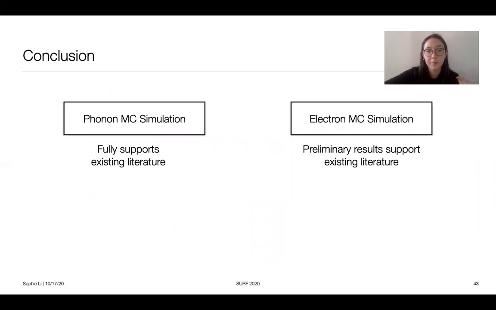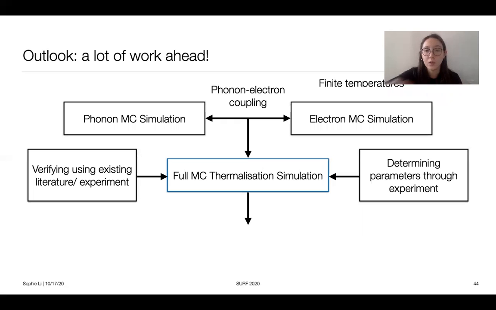So in conclusion, we were able to make phonon Monte Carlo simulations that fully support existing literature. And then we were also able to make the preliminary steps for electron Monte Carlo simulations. These also begin to support the existing literature. And with these two simulations going, we can then also create finite temperatures for the electron Monte Carlo simulation such that it can be coupled with the phonon Monte Carlo simulation with some kind of coupling constant.